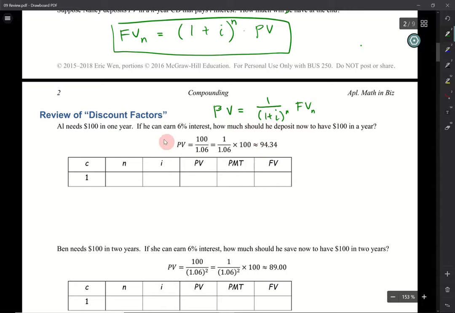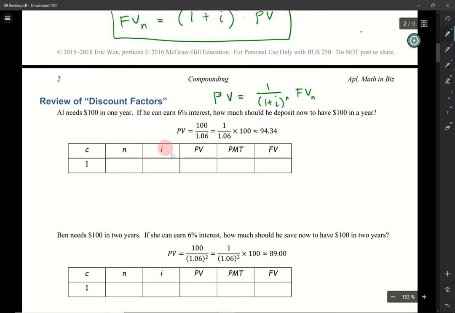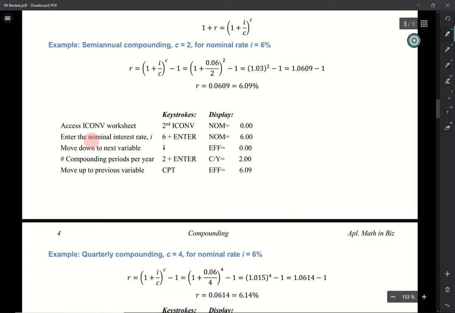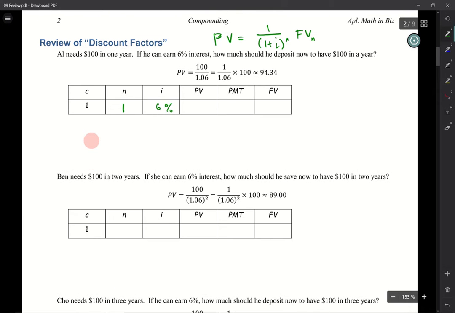Okay, so how would we fill in the TVM table? This is how we always started out. So n would be just 1 year. Our interest rate is the same, 6%. Now the question is, what is the present value? How much should he deposit now to have 100 in a year? Al needs $100 in 1 year.